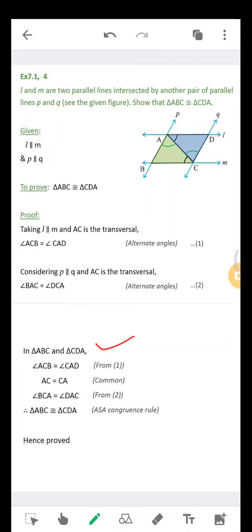So we'll write the steps now in triangle ABC and triangle CDA. I'll write the angles which we got as alternate angles, and the other angle also which I got as alternate from 1 and 2. Then AC is equal to AC, that is common, as I said just now. So we can use ASA congruency rule here. That's very simple. So these two triangles are congruent by ASA congruency rule.